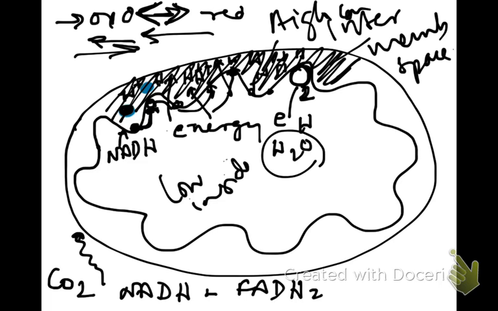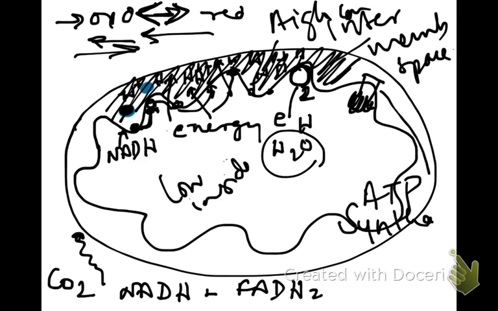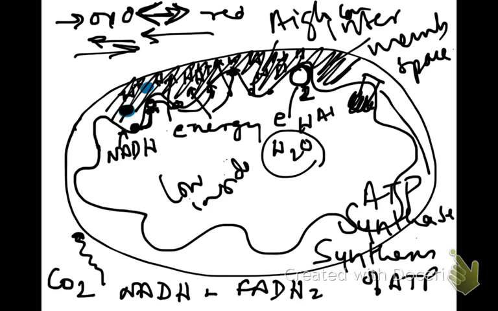Okay, now immediately adjacent to this electron transport chain, there lies a certain enzyme called ATP synthase. What is its claim to fame? It helps in synthesis of ATP. It cannot make it out of thin air. ADP and inorganic phosphate is just present close by.